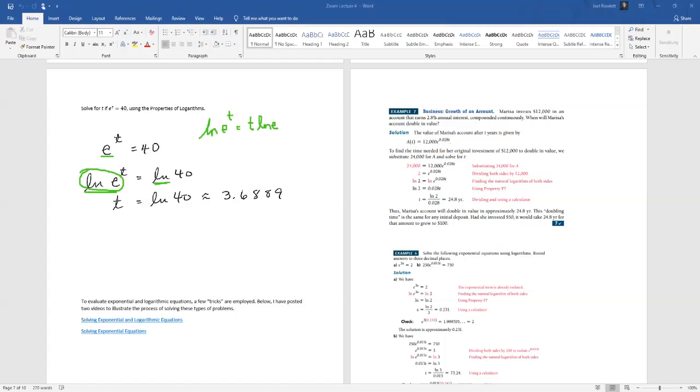And we have a property that says that ln e is 1, and 1 times t is t. That gives me t here. So t is actually the natural log of 40. And if you type that into your calculator, you will see that the solution is very close to 3.6889. So e to the power of 3.6889 is pretty much 40.